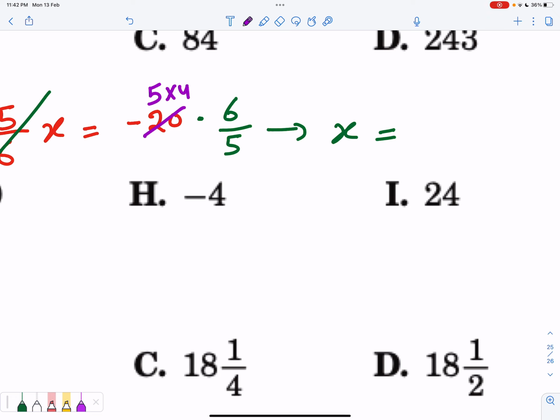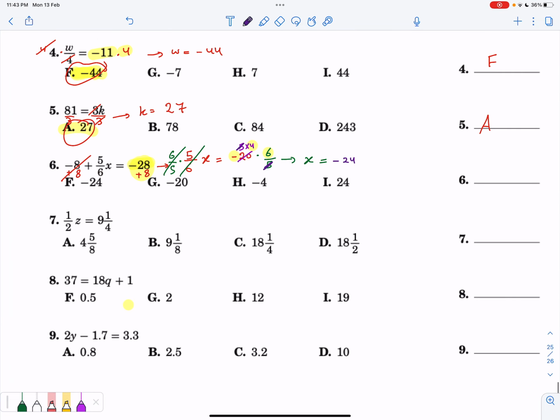Because 5 times 4 gives you 20. Now you can cross that 5 with that 5 here. So here you will just have left the negative sign with the 4 and the 6. So negative, I will write it, 4 times 6 equals 24. So the correct answer is negative 24, which is answer F.